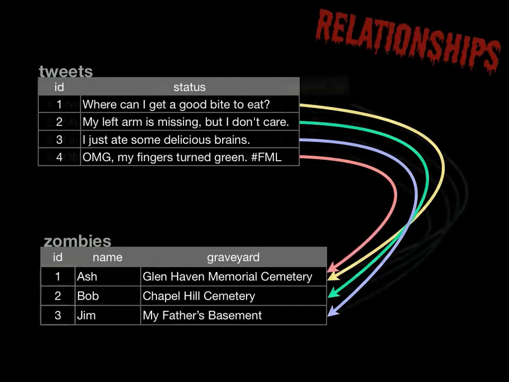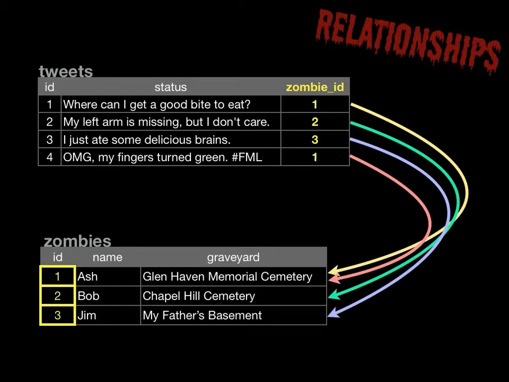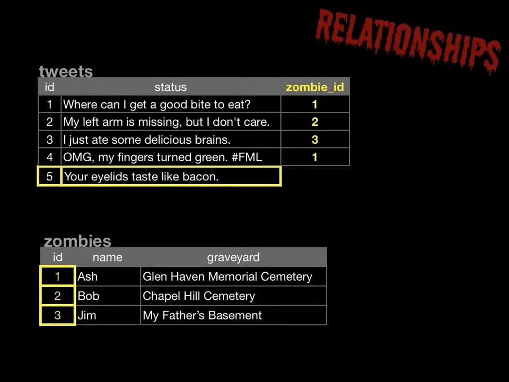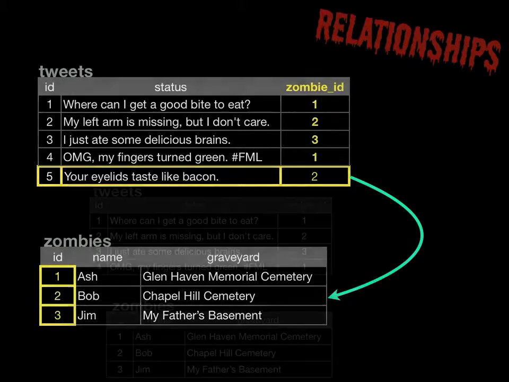The Rails way of making the association is to add a zombie_id column to the tweets table. We then specify the ID of the zombie that made the tweet, and we can then map the tweet to the zombie. So now if we add a tweet, one that maybe says your eyelids taste like bacon, we can specify which zombie that belongs to.